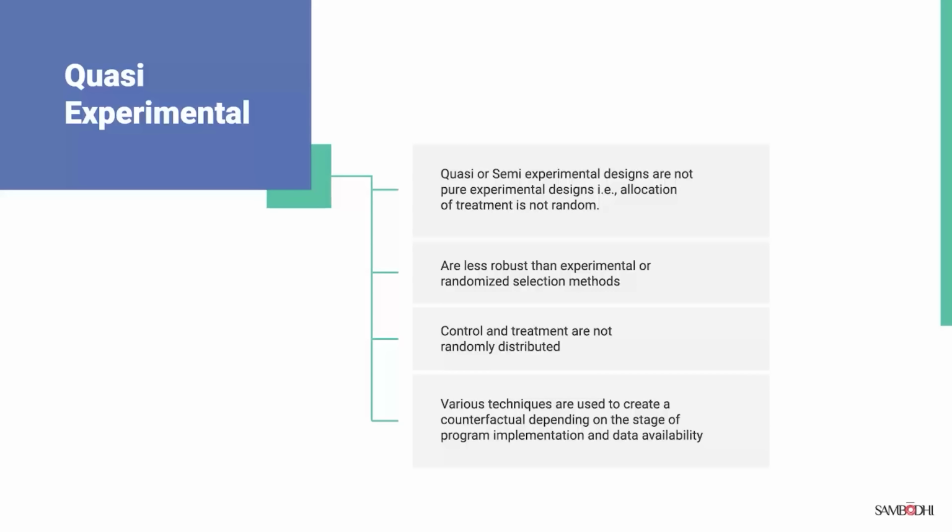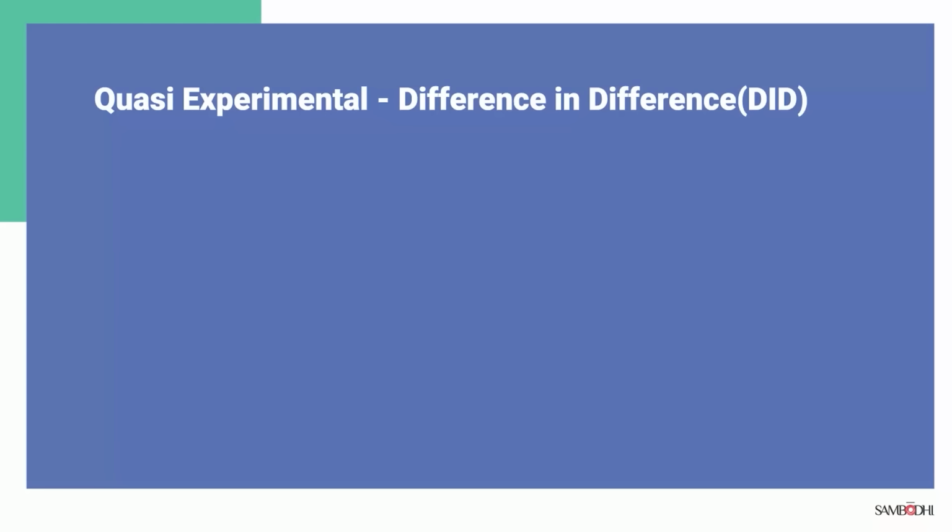In this method of research design, various techniques are used to create a counterfactual, depending on the stage of program implementation and data availability. The difference in difference method is a quasi-experimental approach that compares the changes in outcomes over time between a treatment group that is part of a program and the comparison group that is outside of the program.